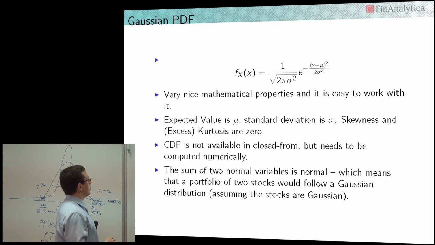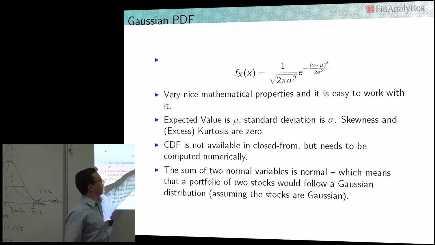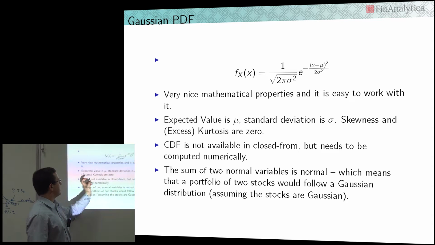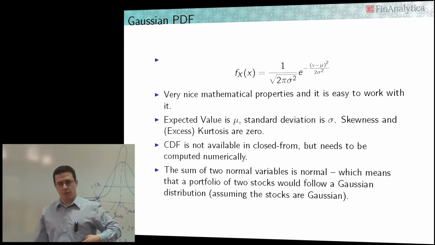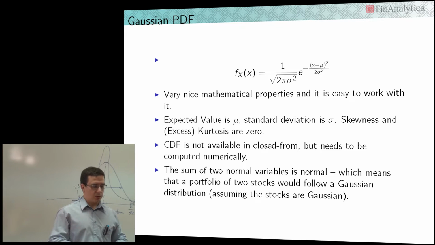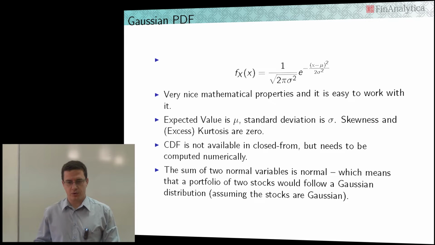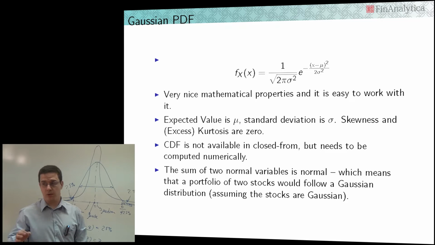There's a lot of things that can be said about this function. We're not gonna go too much in there. The expected value is mu, which is here, as I said. The standard deviation is sigma. Skewness and excess kurtosis are 0. We don't have the CDF in closed form. That's why when you solve problems with the normal distribution, you usually have tables which have tabulated the standard normal.